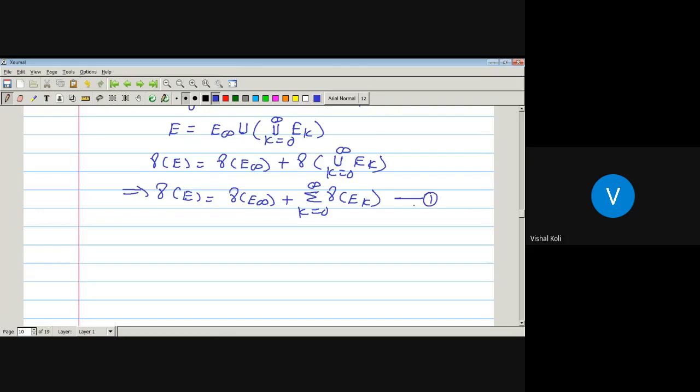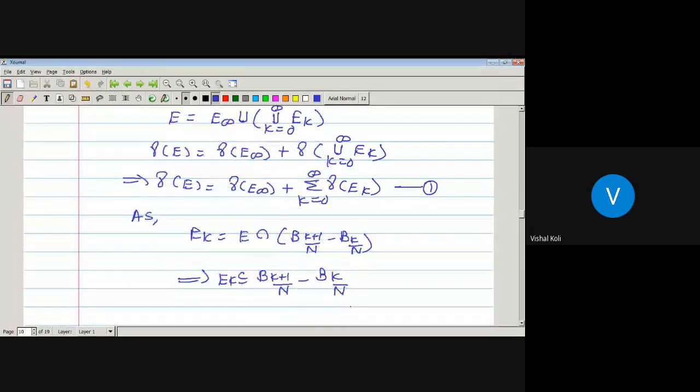Now from the defined sets, E_k is E intersection B_{(k+1)/n} minus B_{k/n}, which implies, as E_k is the intersection of these two sets, it must be a subset of both the sets. But B_{k/n} is a negative set with respect to the signed measure gamma.